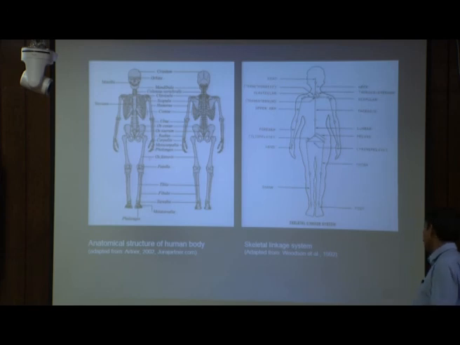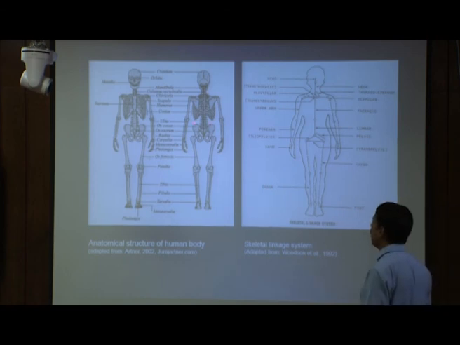Okay. Next, as we are discussing anatomical structure, this is from another source showing various body parts. If we talk about the hand, at least we have basic knowledge of how many bones there are. In the upper portion there is the humerus bone, and in the lower arm there are 2 bones, radius and ulna.